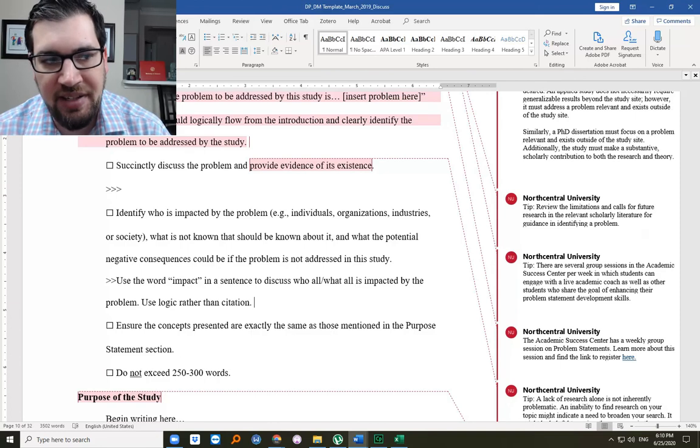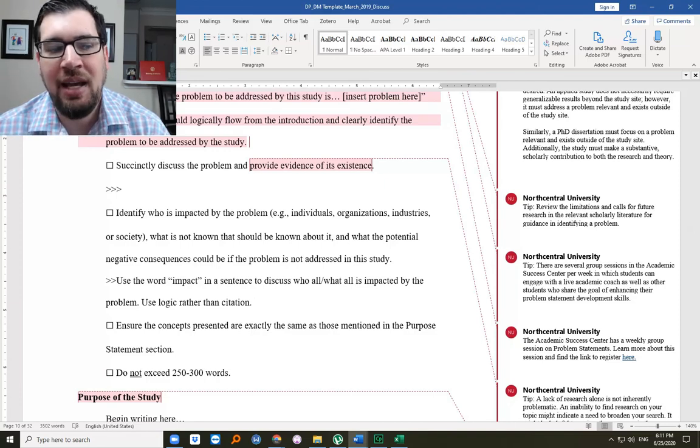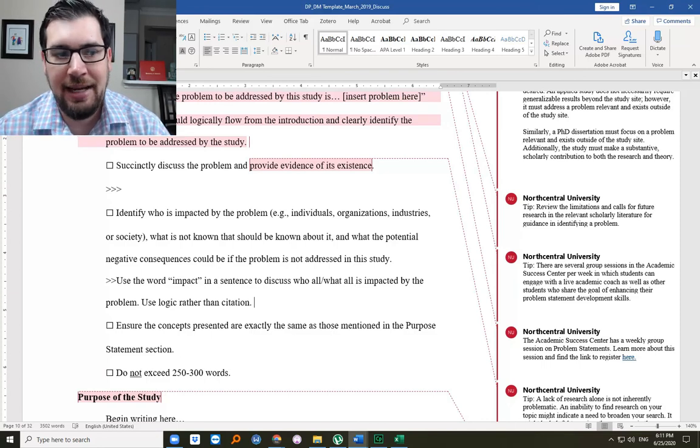You might have some citations to say, well, when there's job dissatisfaction among females in the workforce, then that affects the whole family, the community, and the corporation. And you do want to think about that. You may have evidence for some of it, but some of it is just using rational logic to say, if a female is coming home to a family and she is not happy at work, then she may bring that home.